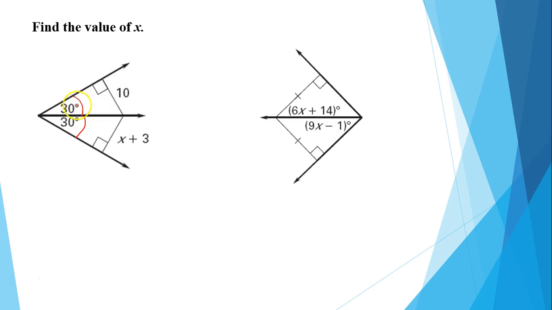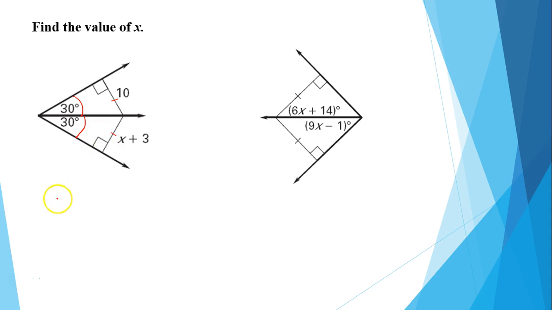Whenever a ray goes through an angle and you know it is the angle bisector, then from a point on that ray, a segment perpendicular to one side of the angle, and another segment from the same point perpendicular to the other side, these two segments are always going to be congruent.